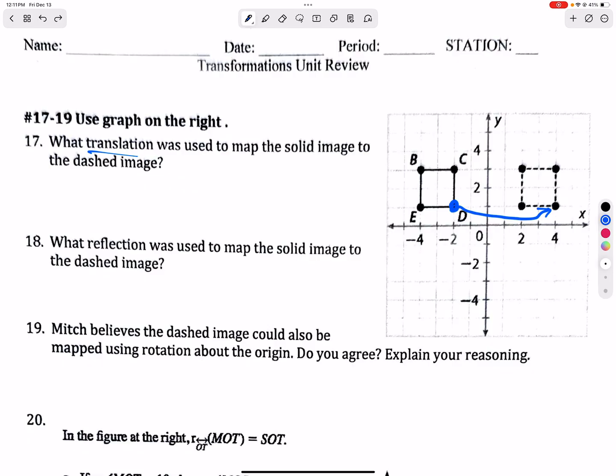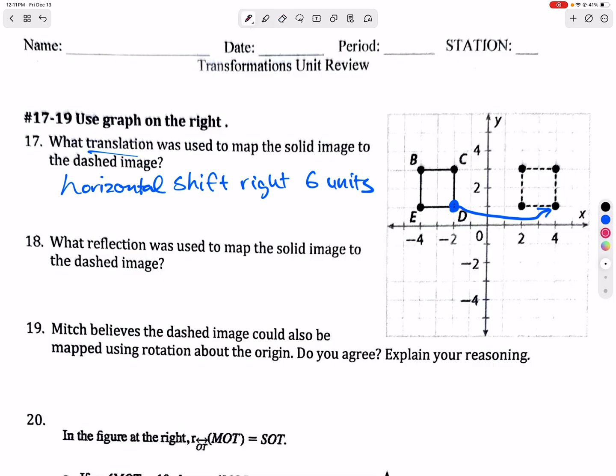From one D to the other, we go 1, 2, 3, 4, 5, 6 to the right. So I'm assuming they want a lot of words. So horizontal shift, right, 6 units. Done.